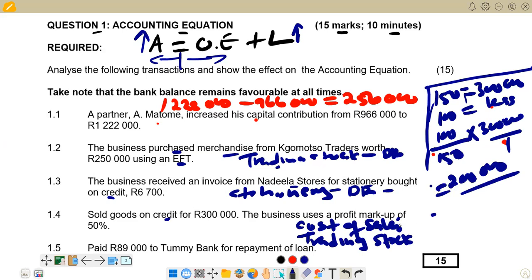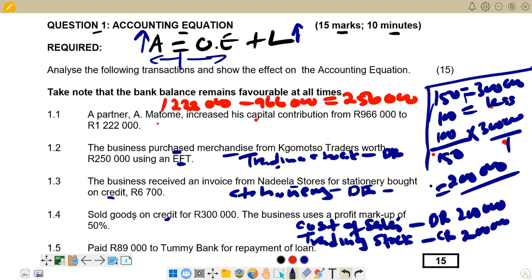So this is the one that is going to be debited here. Cost of sales, we are debiting. And then we are crediting the trading stock, the cost price, which is 200,000.